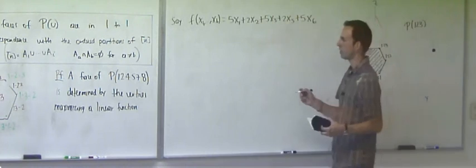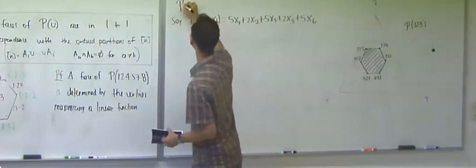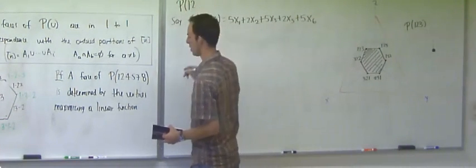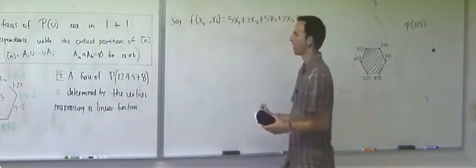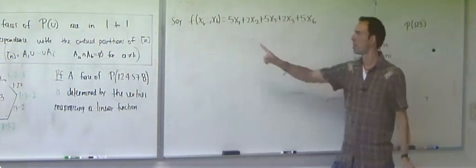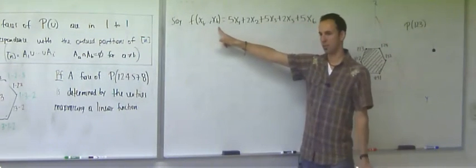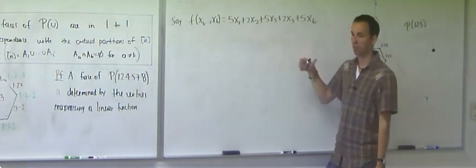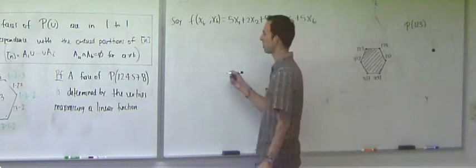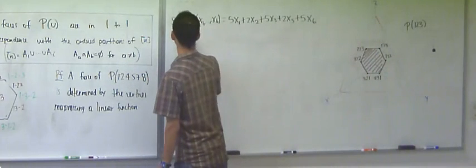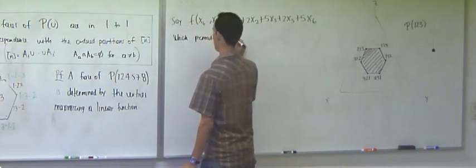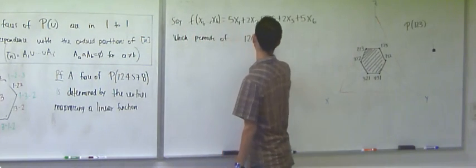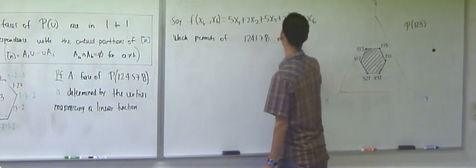So what am I asking here? I'm asking for the vertices that maximize this. But a vertex is just a permutation, right? So which permutations of 1, 2, 4, 5, 7, 8 maximize this?